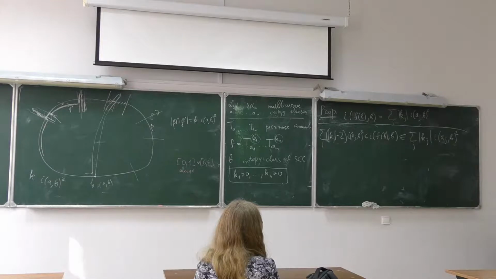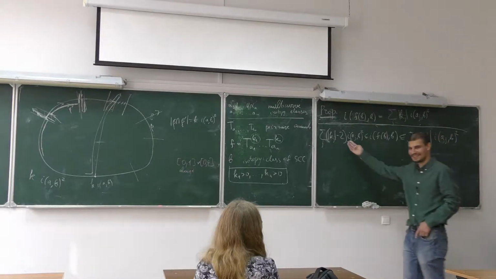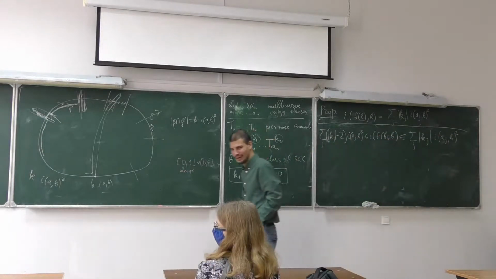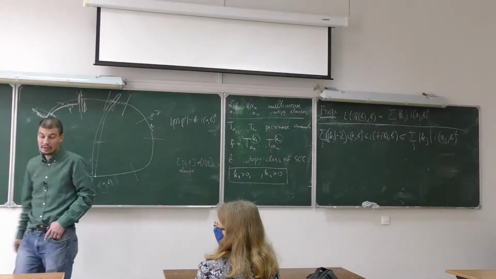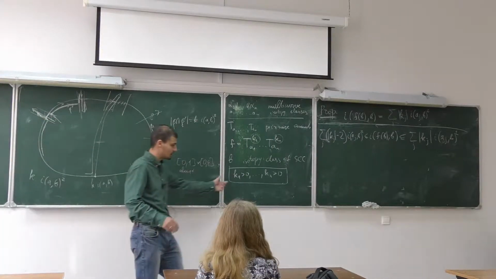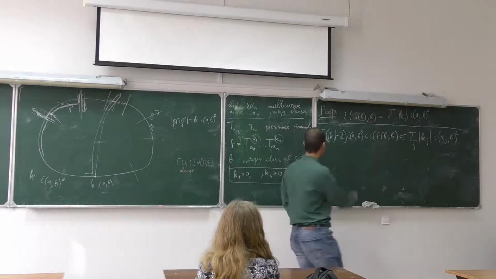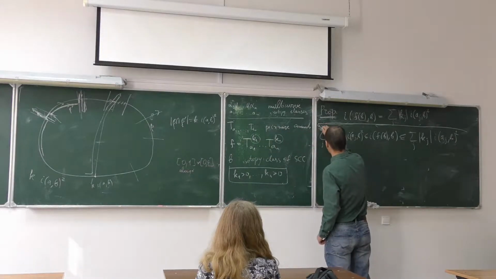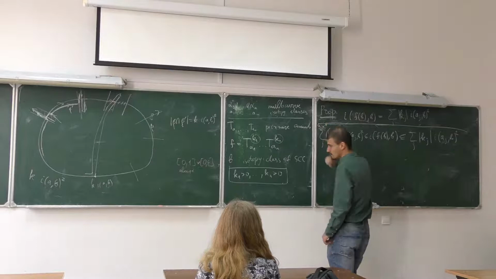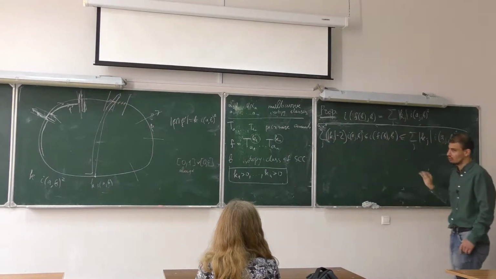It is not interesting if these k are ones or minus ones. So the situation of different signs is more difficult, and you may consider this as an exercise, but this is an exercise which is not easy.